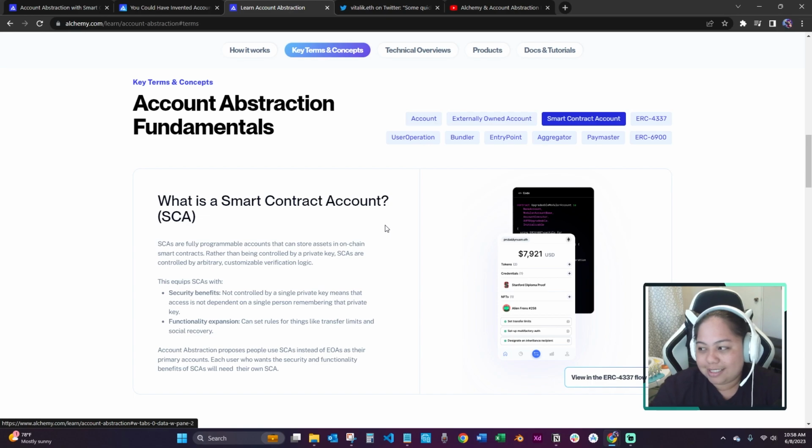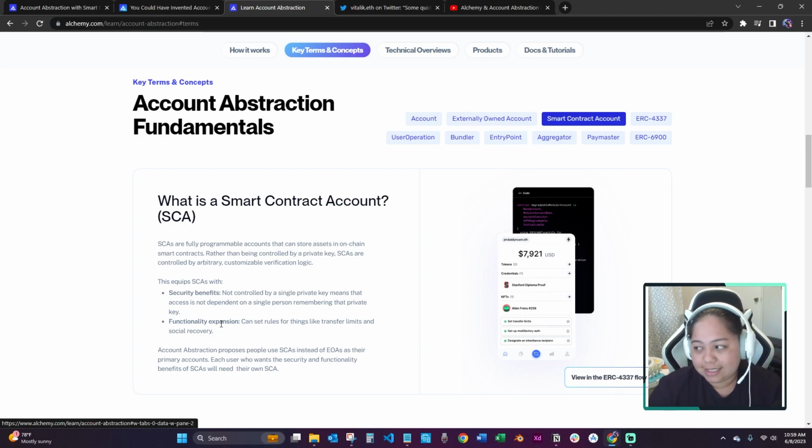Introducing smart contracts. Smart contracts will give us security benefits and expand functionality, and that's because it's a fully programmable smart contract account, and it stores our assets on the chain. Your wallet now has smart contract capabilities. You no longer use private keys. You, as in the user, don't need to worry about private keys.